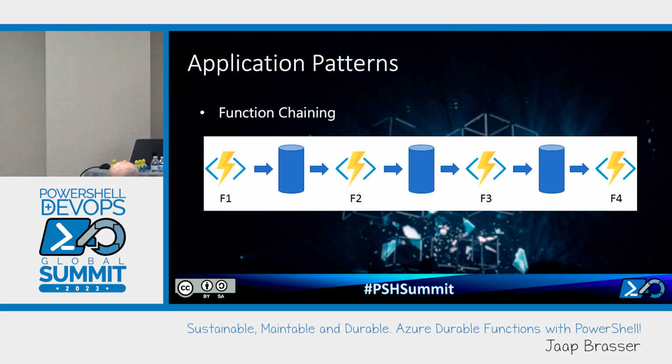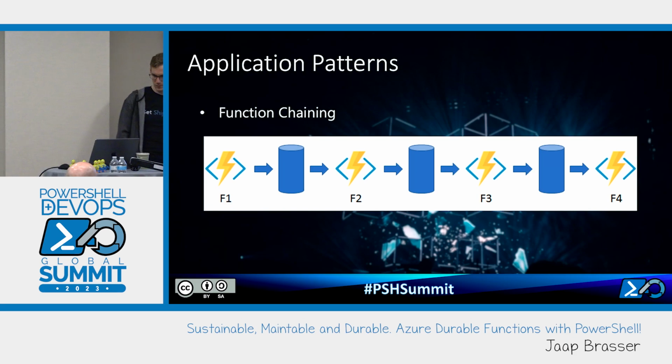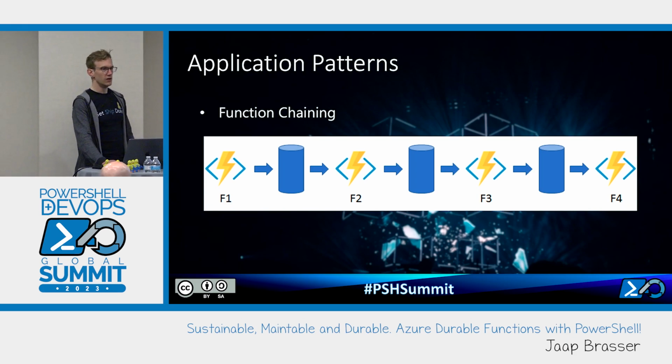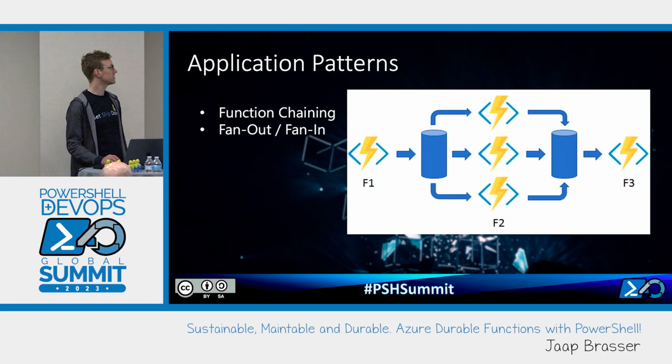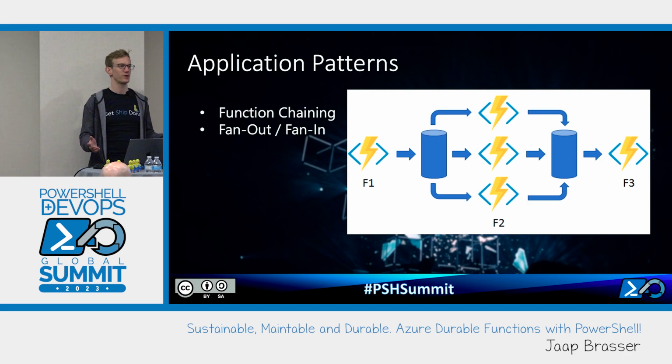It will restart function number 2, get the data out again, and push it onto function 3. So that is what durable functions provide for us. Next one is fan out, fan in. That's a situation that I just described, where I was iterating through mailboxes and users.